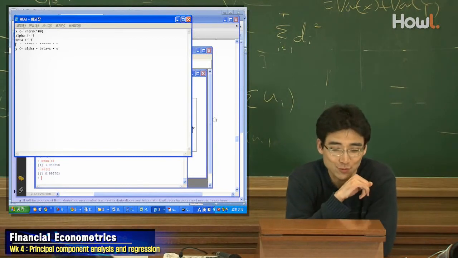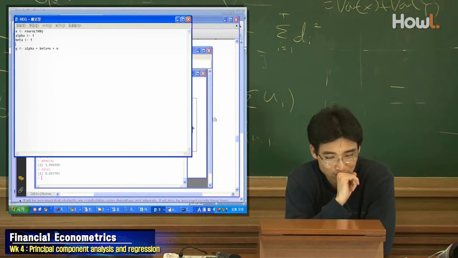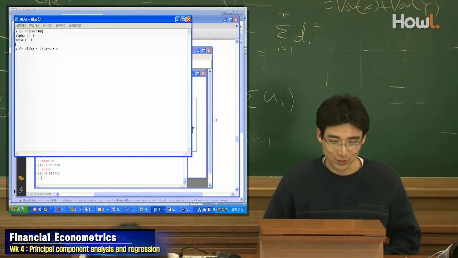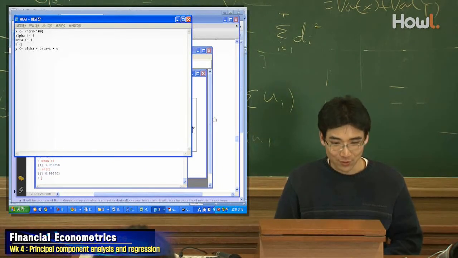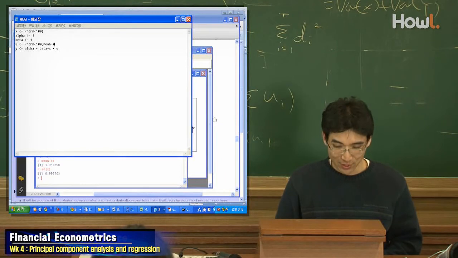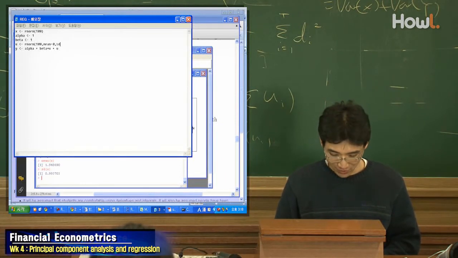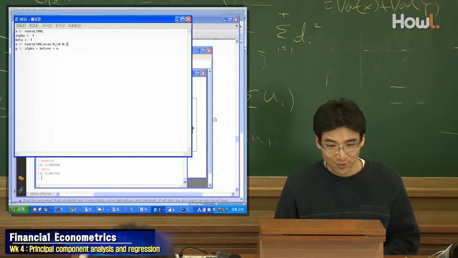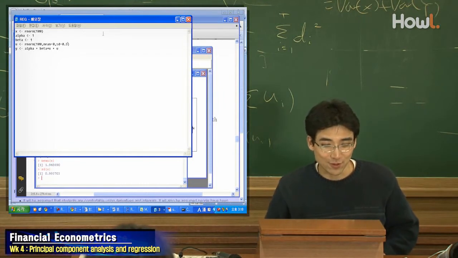So the coefficient is also 1. So we know the true coefficient, right? And let's say u is another rnorm, 100 draws with mean 0 and standard deviation like 0.3, right?